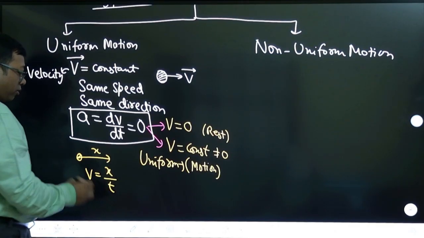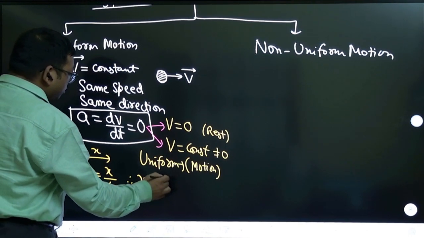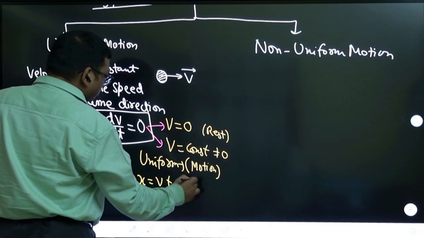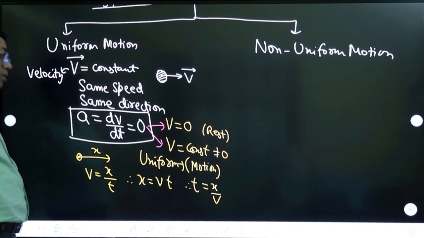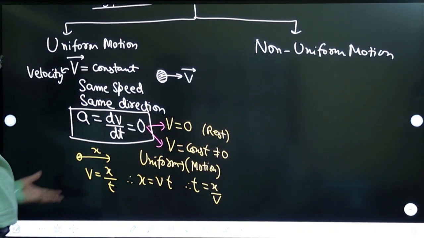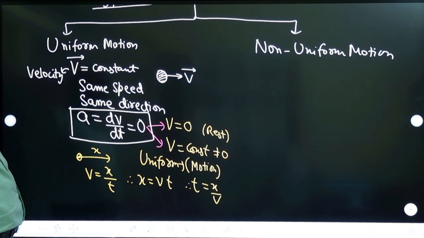Sometimes you have to calculate distance, distance is speed into time. Sometimes you have to calculate time, so time is equal to distance by speed. Same formula, whatever you want to calculate. That's the only one formula, speed equal to distance by time, which everyone knows. That is uniform motion.